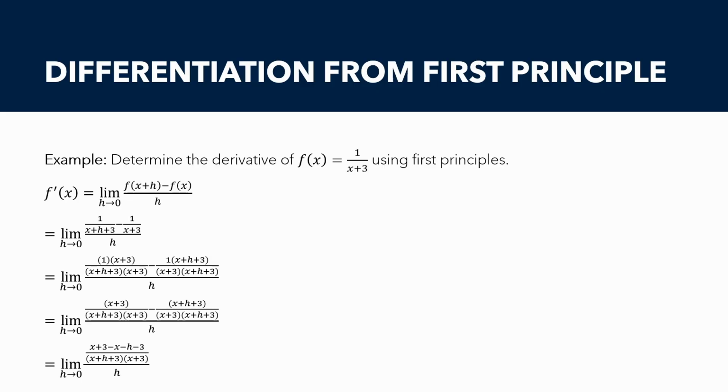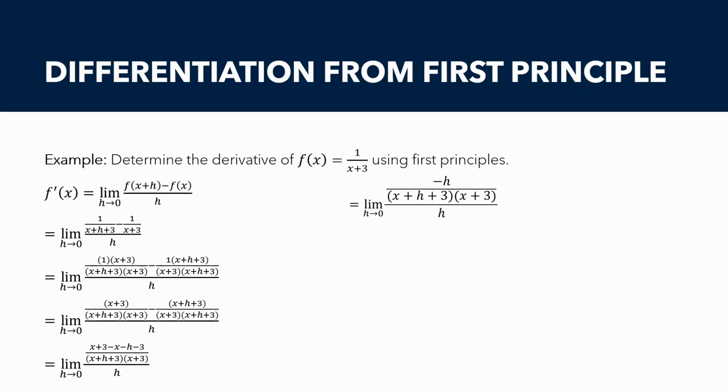Doing that, I get x plus 3 minus x minus h minus 3, all divided by x plus h plus 3 multiplied by x plus 3, because that's the same base, all divided by h. And simplifying further the numerator, I get negative h over x plus h plus 3 multiplied by x plus 3, all divided by h.